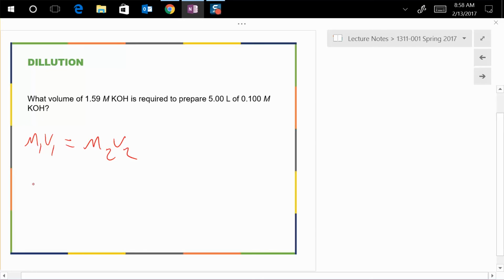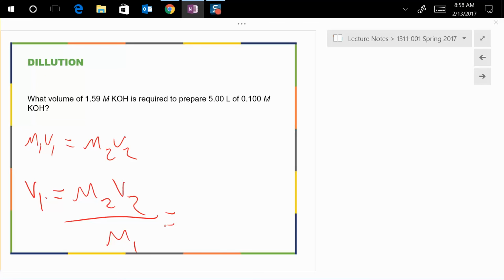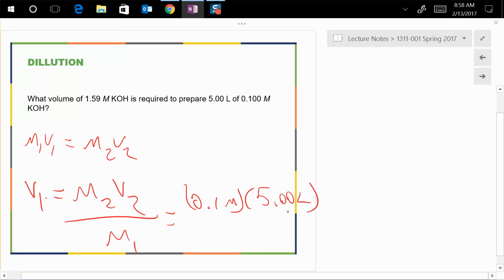So we want to solve for V1 equals M2 V2 over M1, right? So my new molarity and volume are 5 liters and 0.1 molar. So 0.1 molar times 5.00 liters divided by M1, which is 1.59 molar KOH.